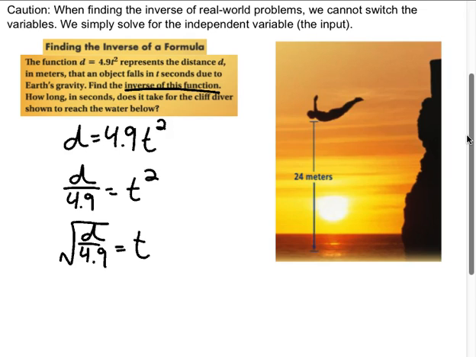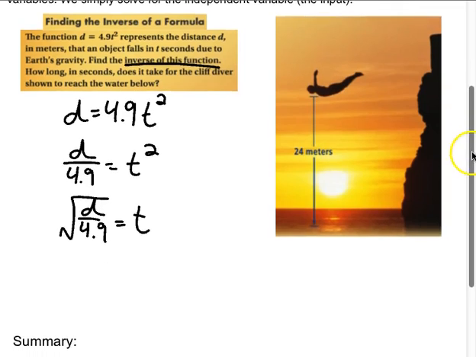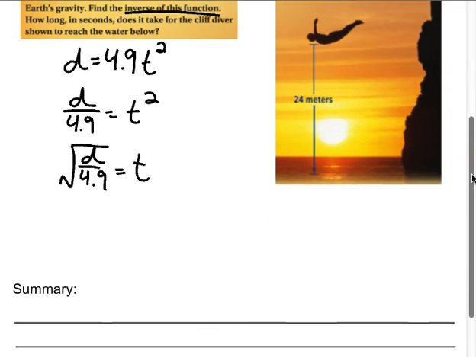And now we can use this new equation to solve. How long in seconds does it take for the cliff diver shown to reach the water below? It shows that the cliff diver is 24 meters high. So we can just plug in that 24 into this equation and calculate that.